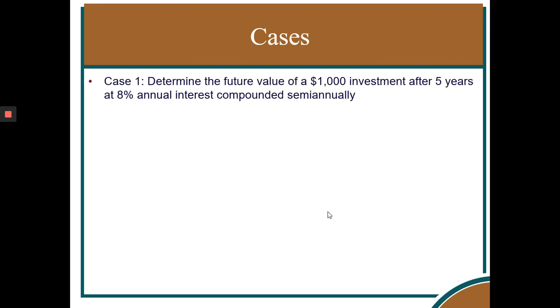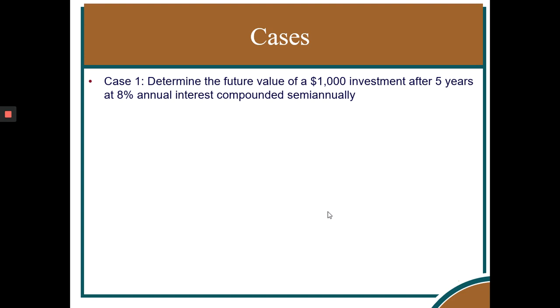So let's do an example here. Determine the future value of a 1,000 investment over 5 years at 8% annual interest, compounded semi-annually. Now we have a question with a different term, which is semi-annual.